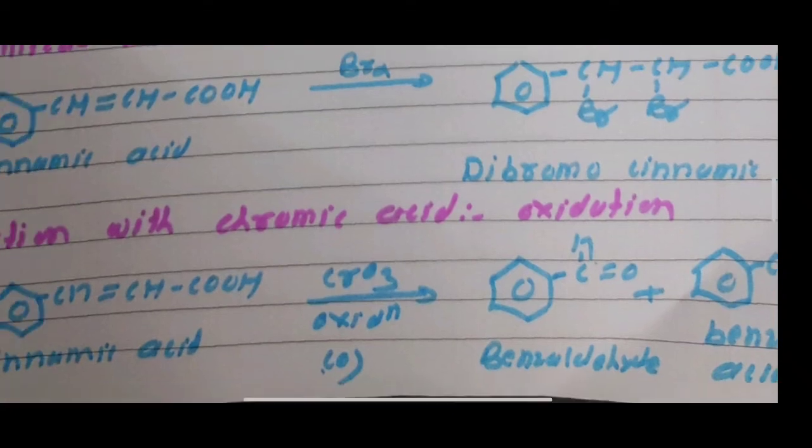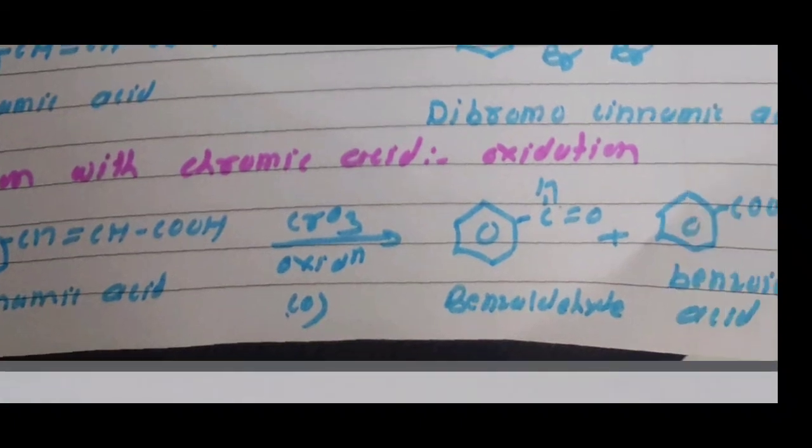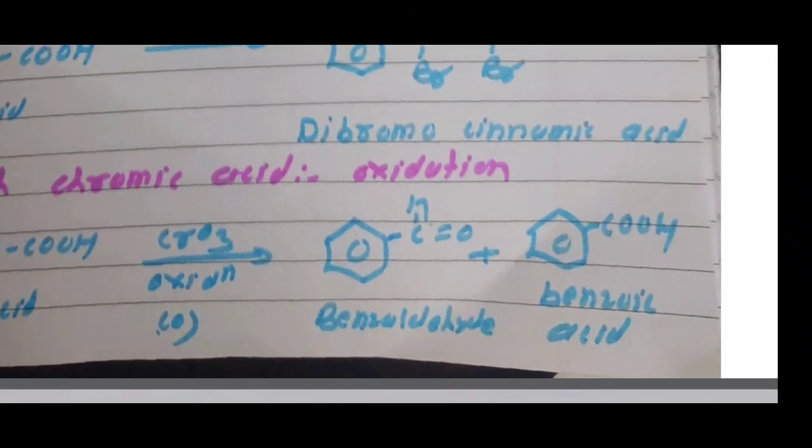Here is the structure: cinnamic acid, benzene ring, CH double bond CH, COOH, with CrO3, chromic acid, oxidation, forming benzaldehyde, a benzene ring attached to a CHO group, and benzoic acid, a benzene ring attached to a COOH group.